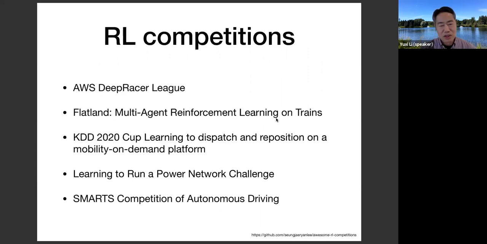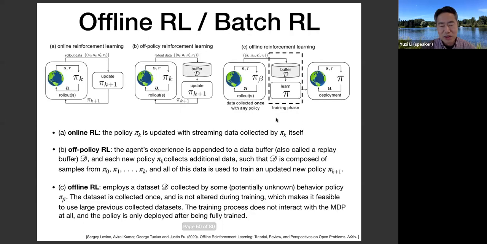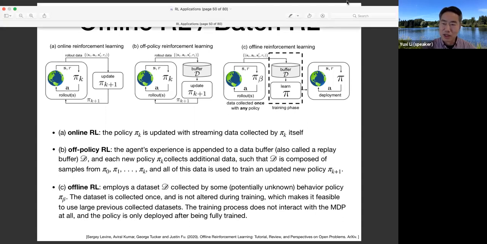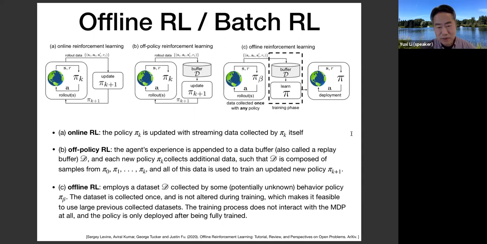Good news is, I think there are now some competitions for reinforcement learning, and using those we can have more data and more scenarios to study reinforcement learning in the real world, or something close to the real world. And if we have those data, there are techniques called offline reinforcement learning or batch reinforcement learning. We can use those collected data to train the algorithm and achieve good results.